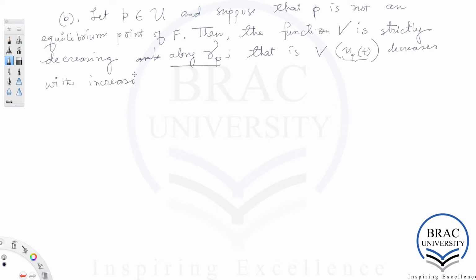Where u_P from J_P to the open set U is the unique solution to the IVP in equation number 1.